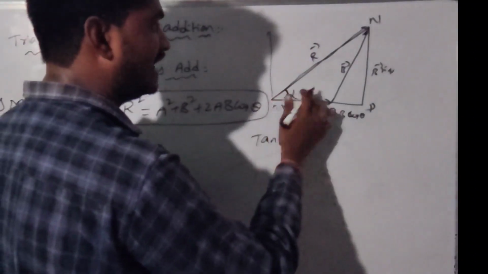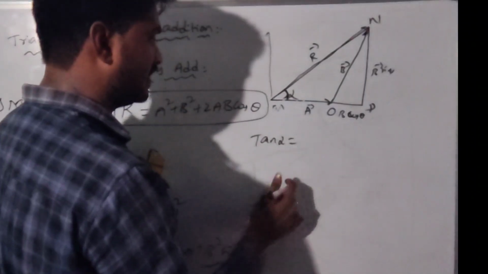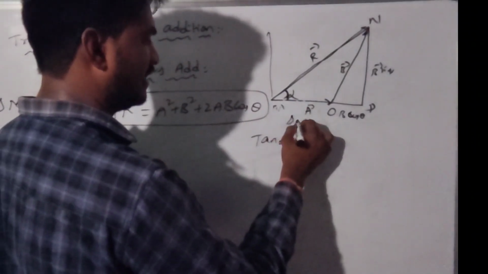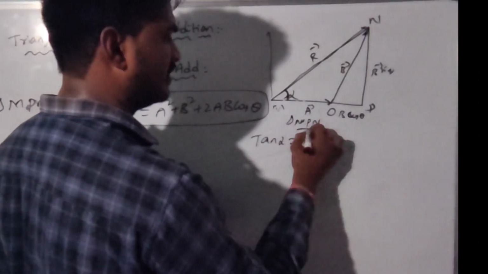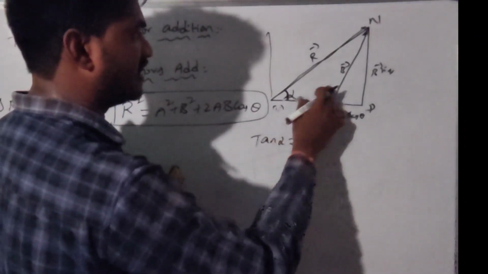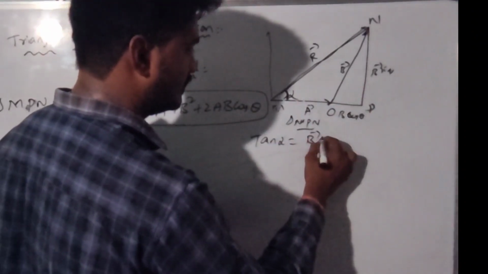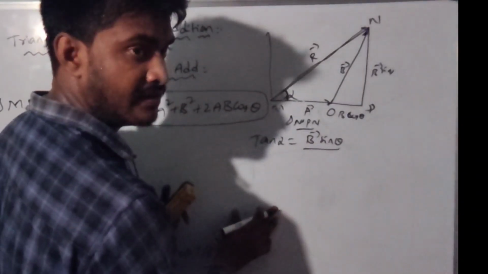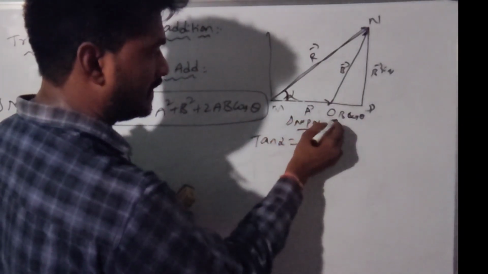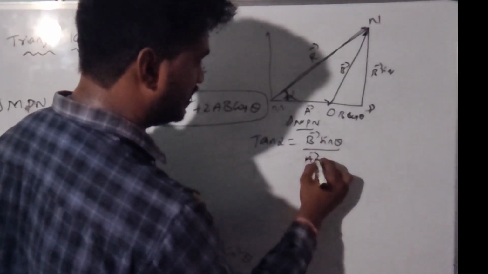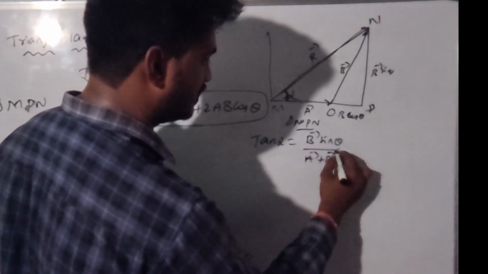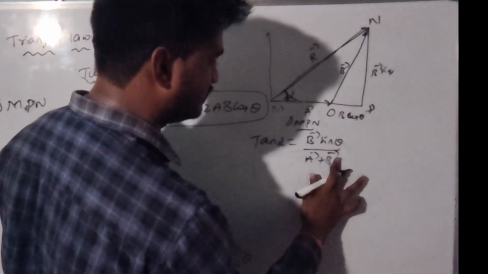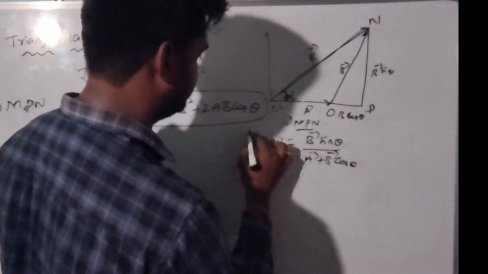Opposite here is B bar sin theta, in triangle MPN. Opposite is B bar sin theta by adjacent, and adjacent is A bar plus B bar cos theta.